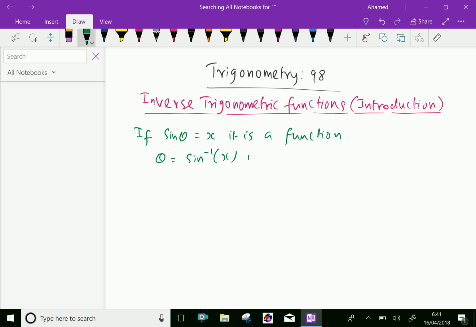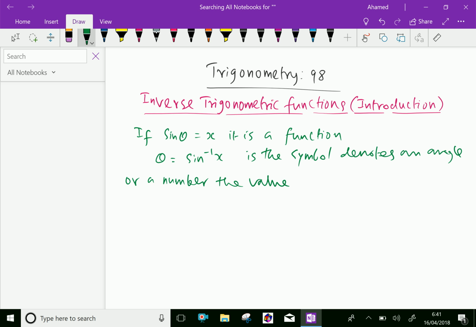is the symbol denoted by, denotes an angle or a number, the value whose sine is x.